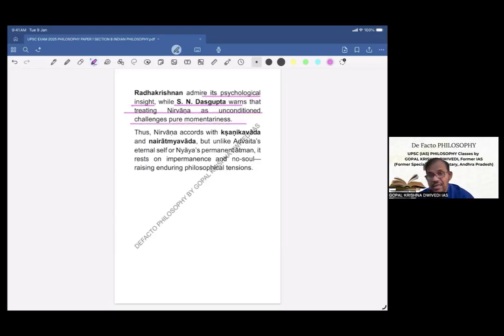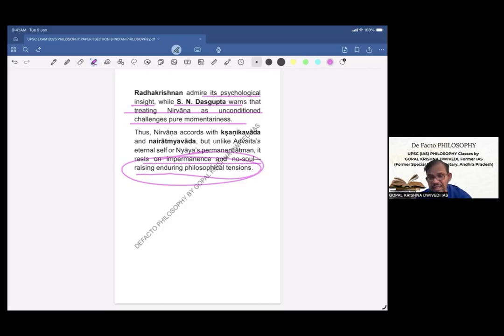Thus, nirvana accords with Kshanikavada and Anatmavada, but unlike Advaita's eternal self or Nyaya's permanent atman, it rests on impermanence and no soul, raising enduring philosophical tension. So, even though broadly it conforms, a number of philosophical questions and tensions it raises.